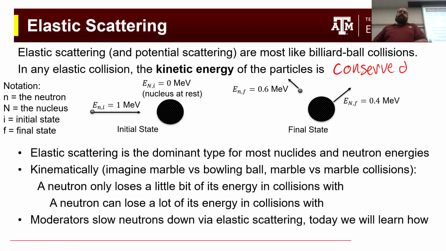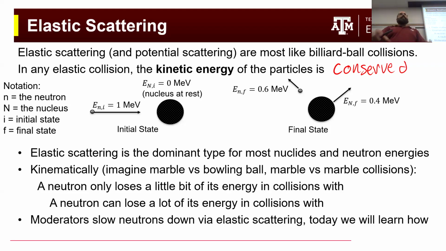So elastic is the main kind of reaction that we will end up seeing for pretty much all nuclei and also for most neutron energies, or at least the neutron energies that we care about. And in terms of the kinematics, it's helpful to think about what happens if a neutron collides with a small particle or with a large particle.